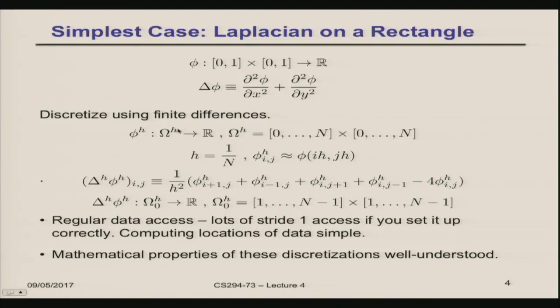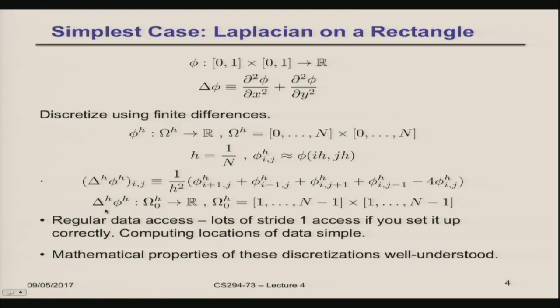You discretize this using finite differences, replacing your continuous space by a grid of n by n, or n by n by n lattice points. And the values of phi on those lattice points are intended to approximate the solution at the continuous points corresponding to those lattice points.